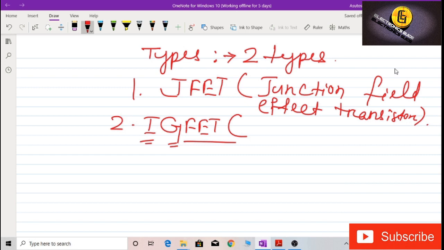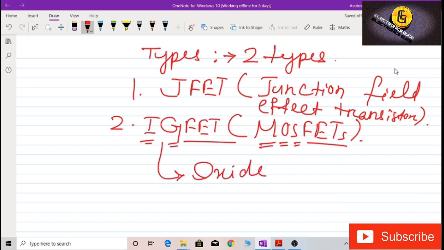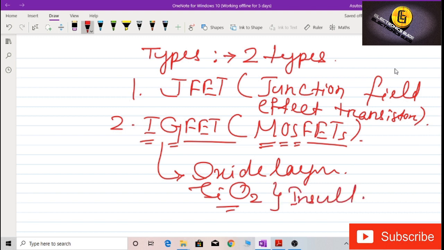These are commonly known as MOSFETs, which means metal oxide semiconductor field effect transistors. In this type of transistor, there is an oxide layer, generally a silicon dioxide layer, which is used as insulating material. And above this oxide layer, there is a metal layer from which terminals are pulled out.